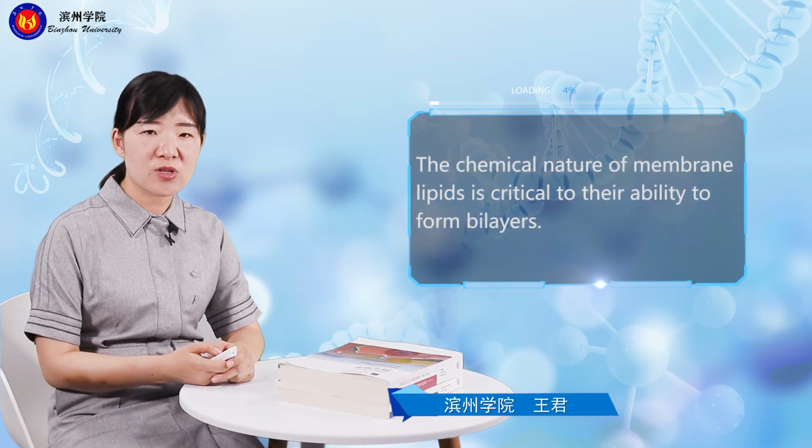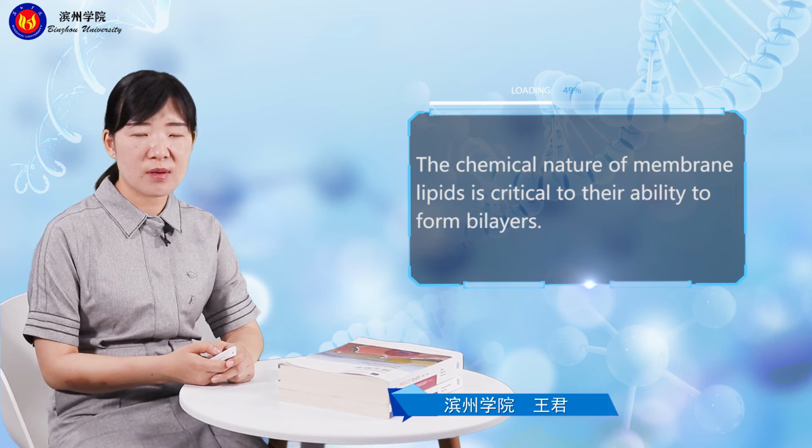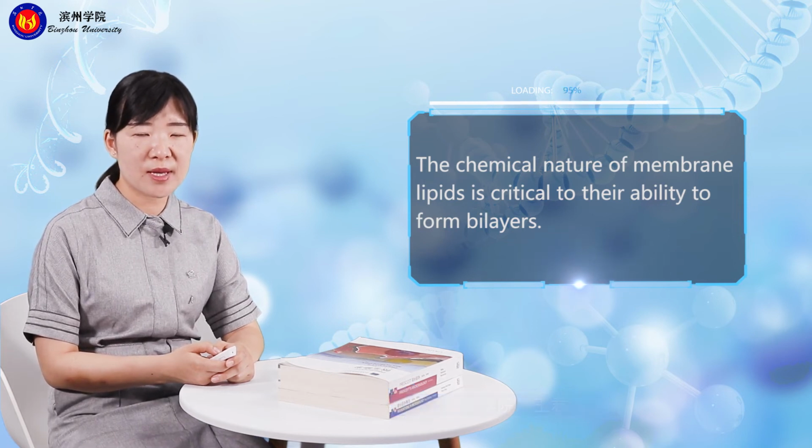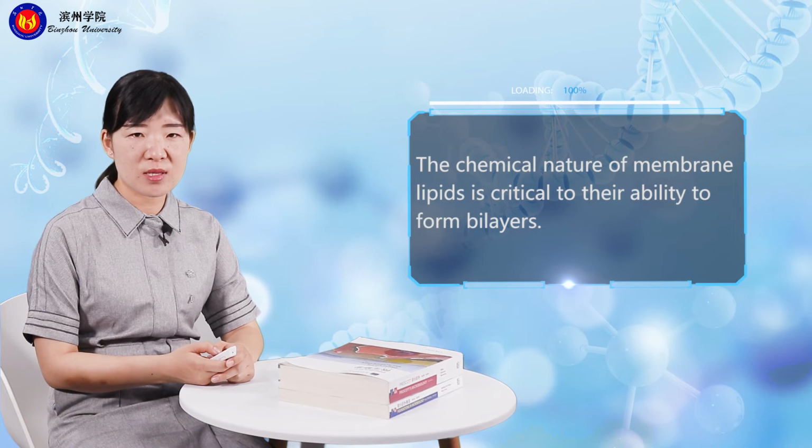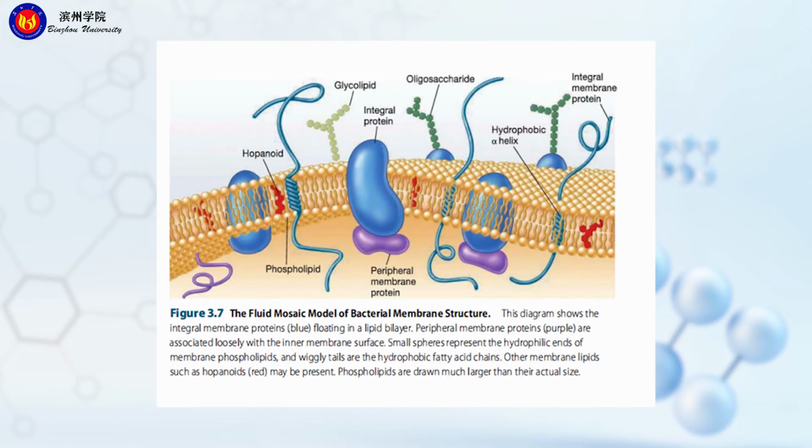The chemical nature of membrane lipids is critical to their ability to form bilayers. Most membrane-associated lipids, such as the phospholipids shown in this picture, are amphipathic.